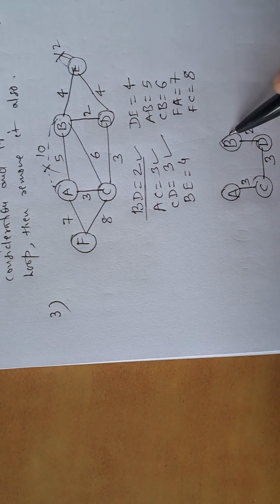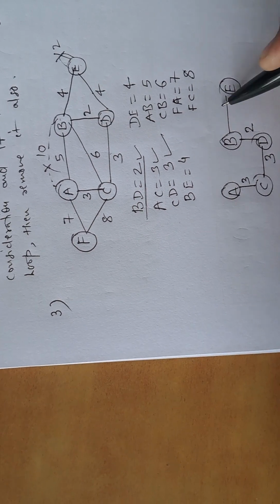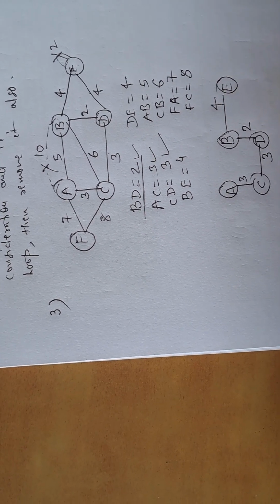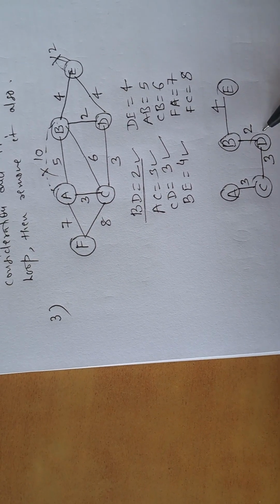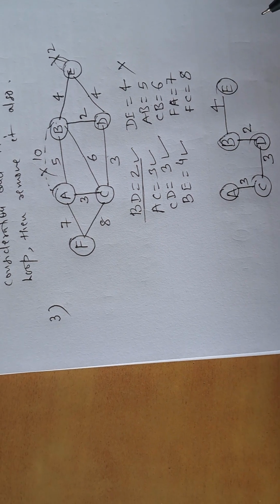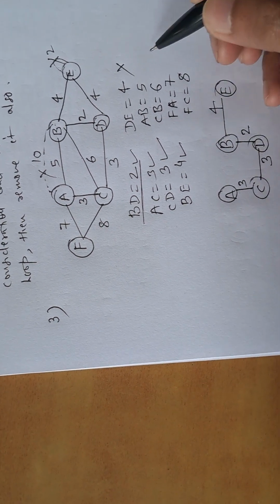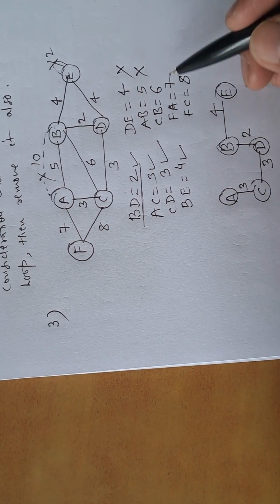For BE, B to E, we have a cost of 4, so we will include that. Then DE, we will not include, because including DE would create a cycle. AB also we will not include, because AB again creates a cycle.